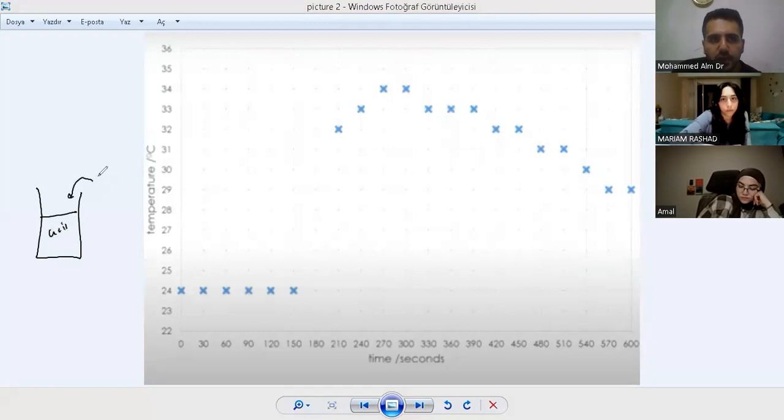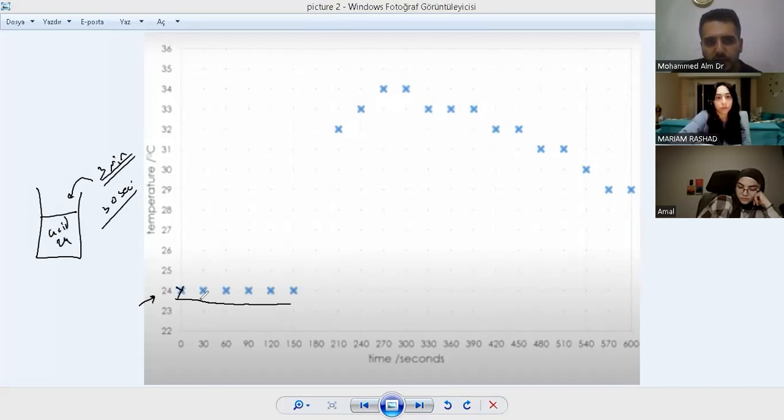Let me say acid, for 3 minutes, every 30 seconds. So we'll get such a result. Let me say the temperature of the acid was 24. This is the first point after 30 seconds, then after 60 seconds, until we reach 150 seconds. As you see, the temperature of the acid is constant.